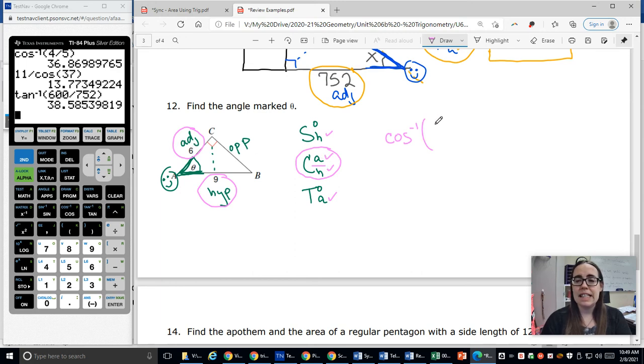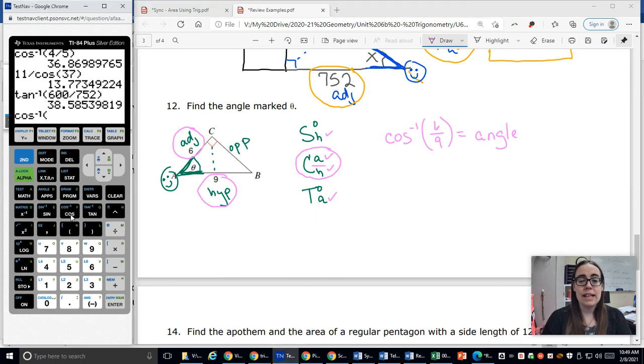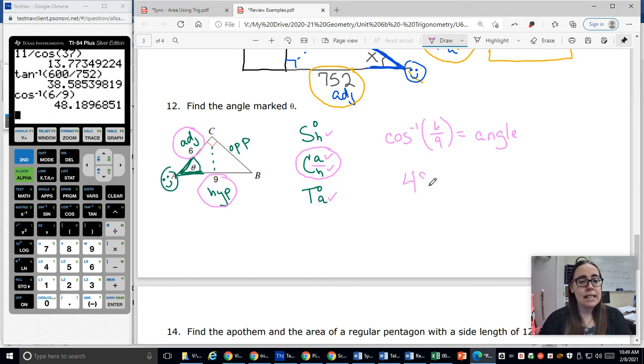My adjacent is 6, and my hypotenuse is 9. That is going to give me my angle. So second cosine to get that inverse of 6 divided by 9 gives me 48.189, but that 9 bumps because of the 8, so it's really 48.19 degrees.